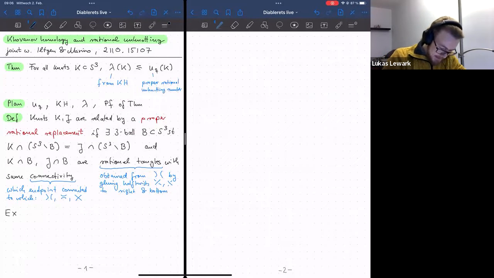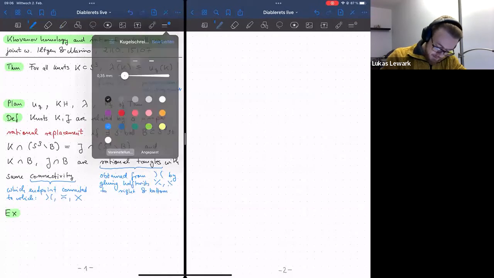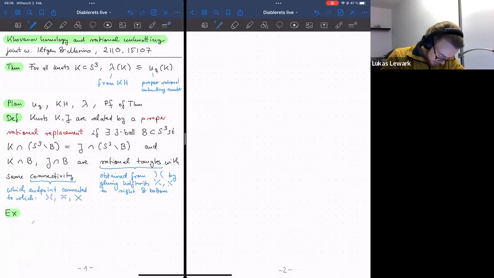So let me give you an example of a proper rational replacement. I'll draw a knot here. Let's take a nice pretzel knot.